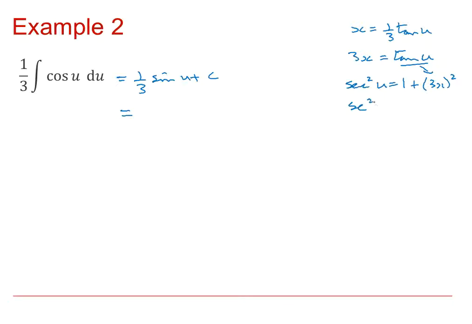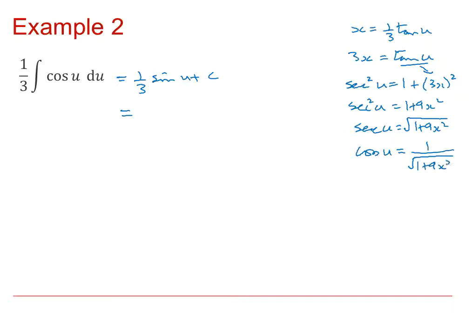Therefore sec squared u is 1 plus 9x squared, and therefore sec u is the square root of 1 plus 9x squared, and therefore cos u is 1 over the square root of 1 plus 9x squared.